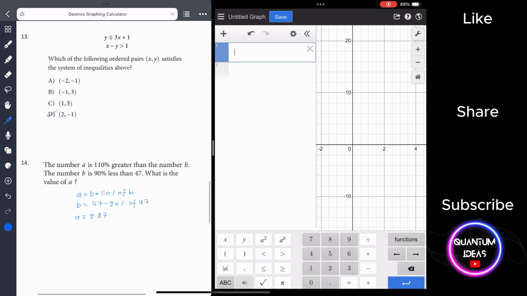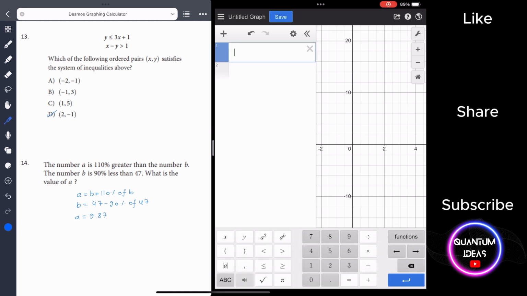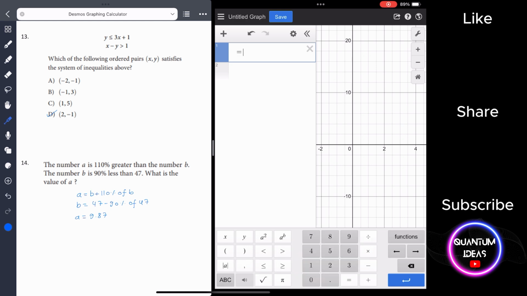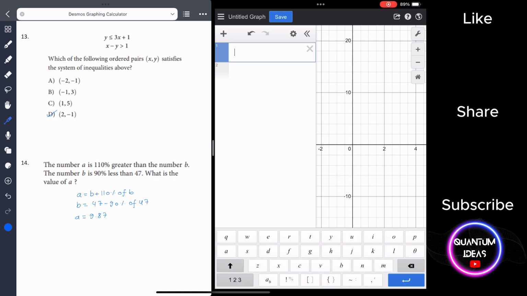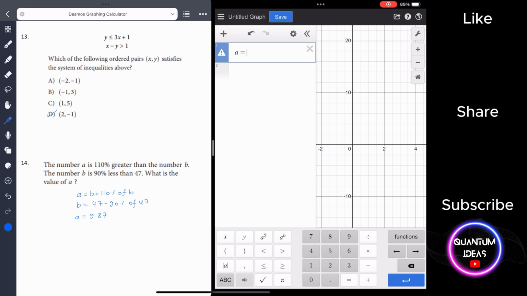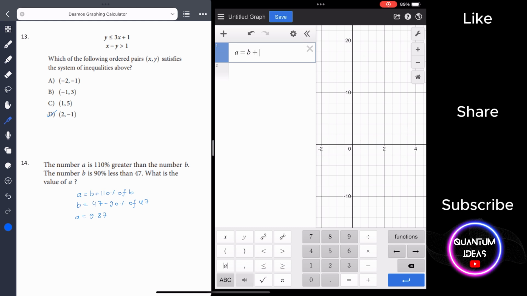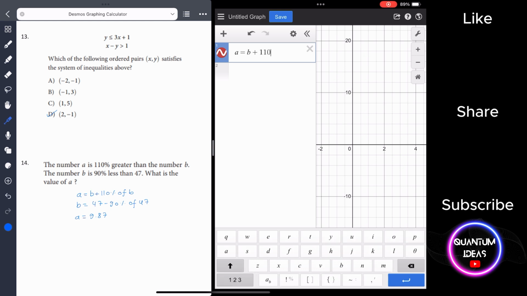Go here and tap ABC, then type A equals what? A is 110% greater than B. That means B plus 110%. To type the percent, tap on ABC, then press shift and you can see the percent button, percent of.